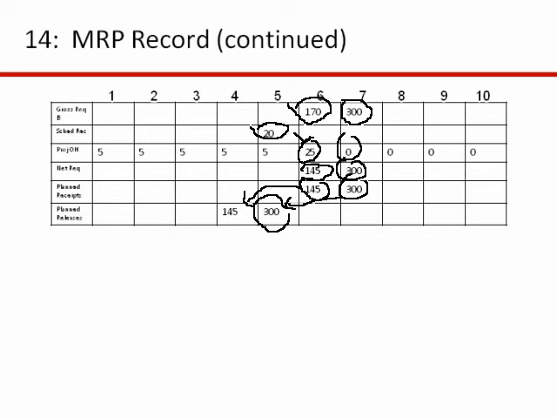But basically, what the MRP system will do is give out planned releases. So if I'm a department running E's, all I'm going to get from the MRP system is I need to start making 145 in week 4, and I need to start making 300 in week 5. Because this goes to a specific department that only makes E's, that's all I'm going to see. I'm not going to see this whole thing. I'm just going to see the results of what the record of the system tells me I need to order.